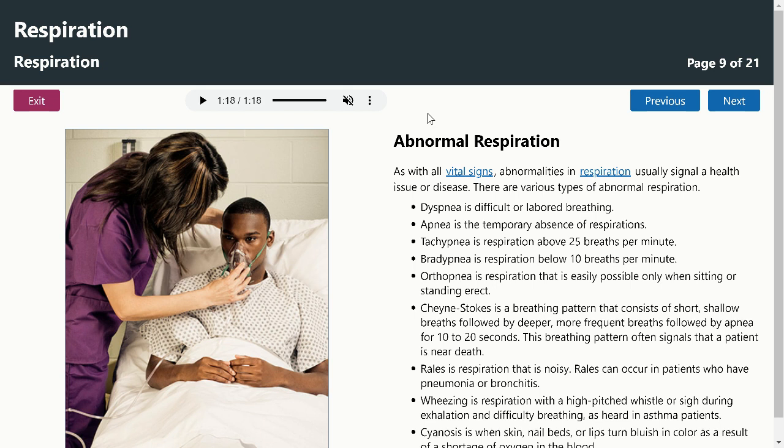That's bradypnea. Orthopnea is when you can't lie down. If you know anybody who sits up in a chair to sleep, it's because when they lie flat they can't breathe. That's orthopnea.